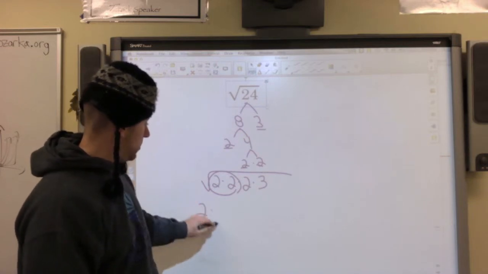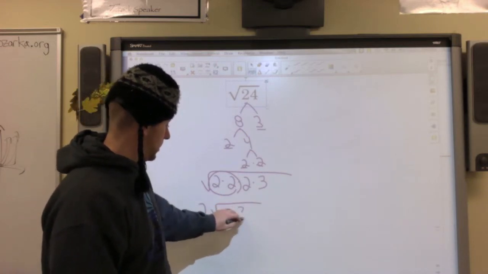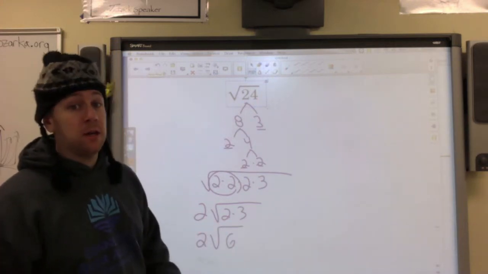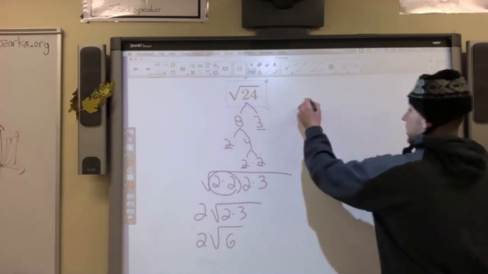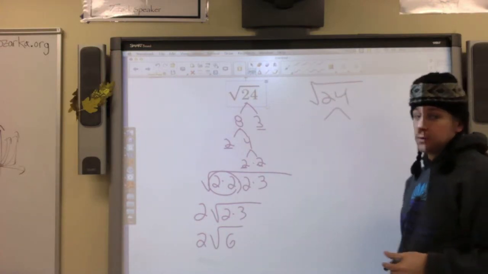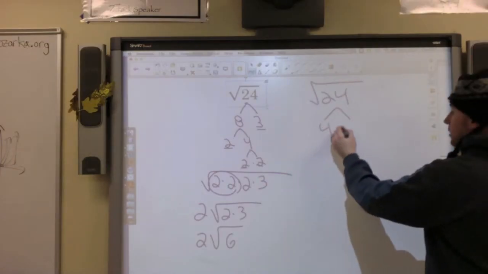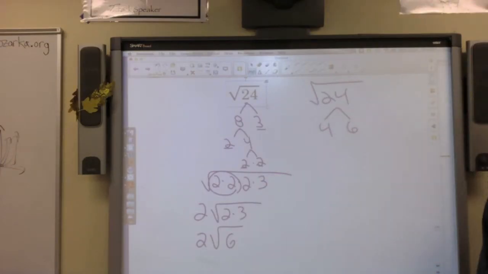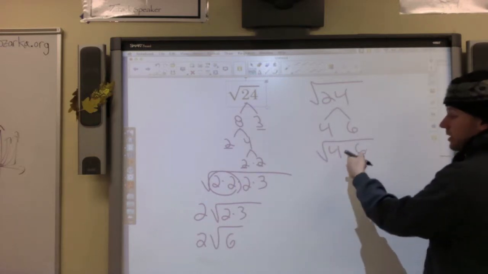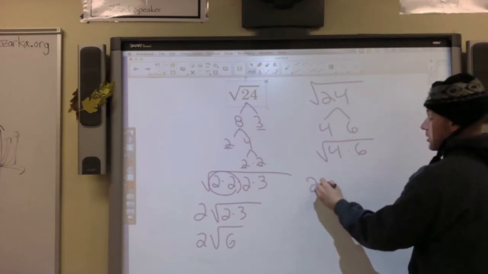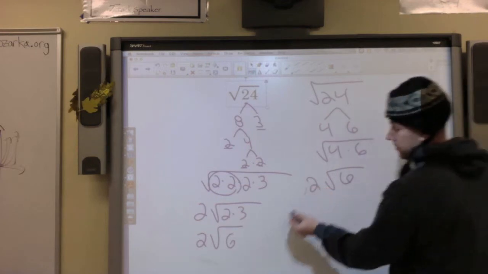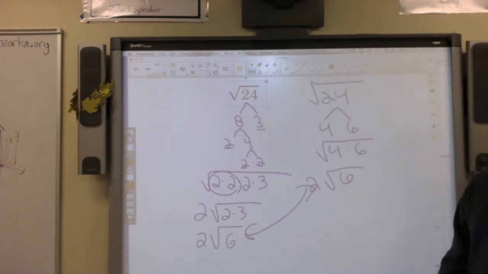I take a 2 out. 2 times 3 is left, and I'm left with 6. Some people like to take the square root of 24 and break it into perfect squares. In this case, the only perfect square that I can break it into is 4 times 6. So I can find the square root of 4, which is 2. I can't find the square root of 6, so it stays as root 6. These are the same thing, 2 different procedures.